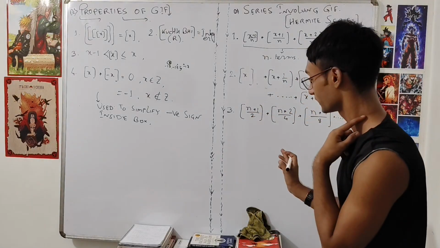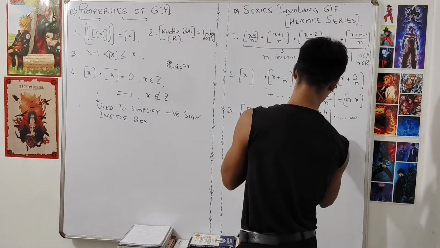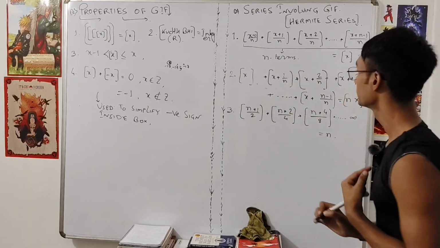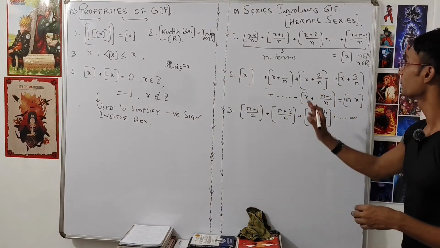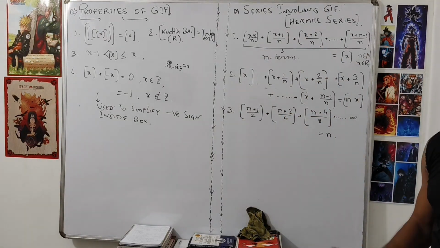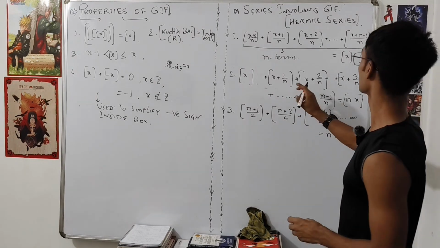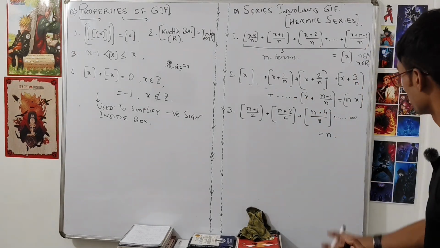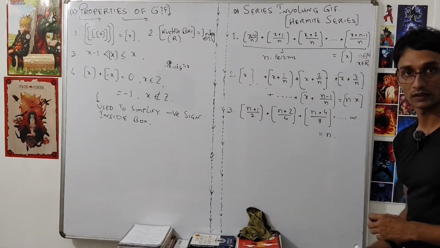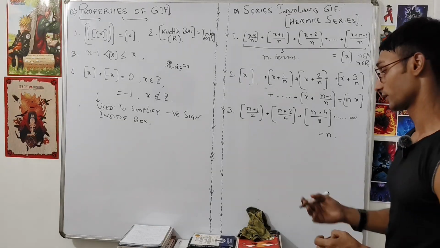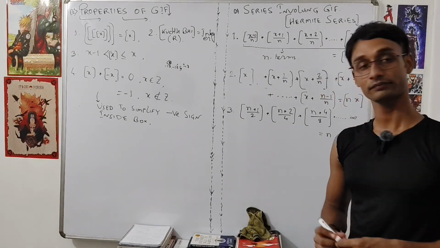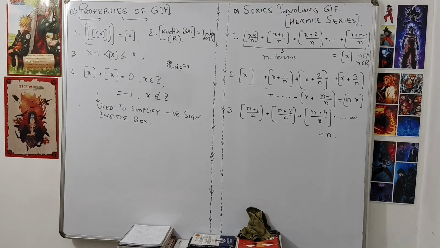So it goes on to infinity, and its value is n. Yes, these three are the Hermite series. Here you need to learn. First and second one you will directly use in the upcoming questions. Okay, that's it, and now we will solve questions.